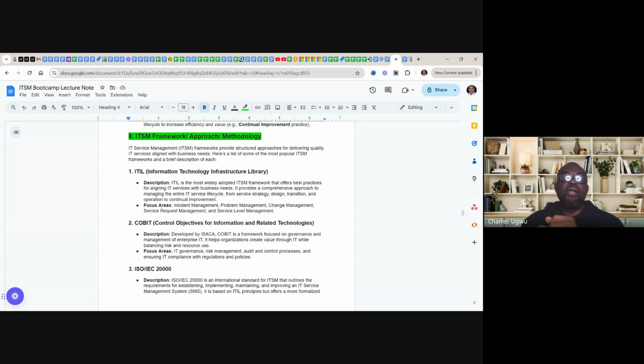That is where ITIL focuses. And you can equally see the life cycle. Then we're not going to waste much time. We already established a good background on ITIL.